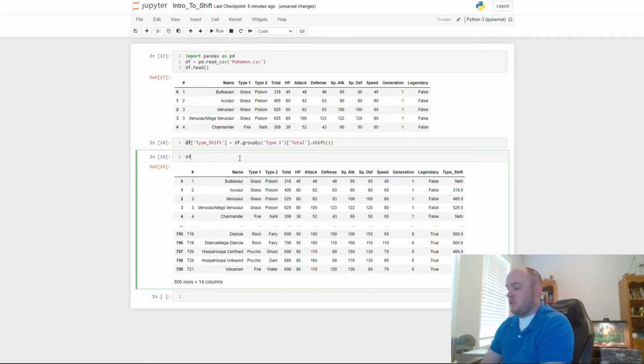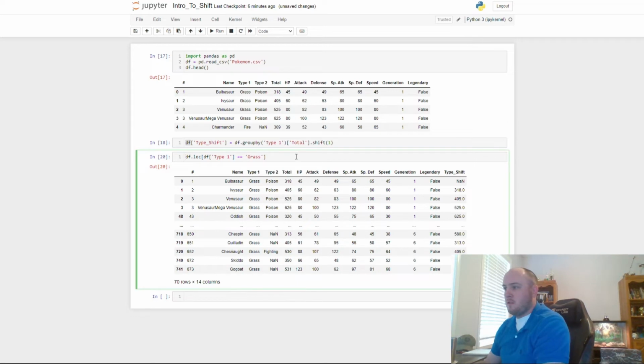Now, let's take a look at only our grass data, so we can see on a smaller scale what that would look like. Okay, so you can see here we got a shift, and we're going to sort it by this so that we can see, because it should be shifting based on the ascending order down like that. So sort values.